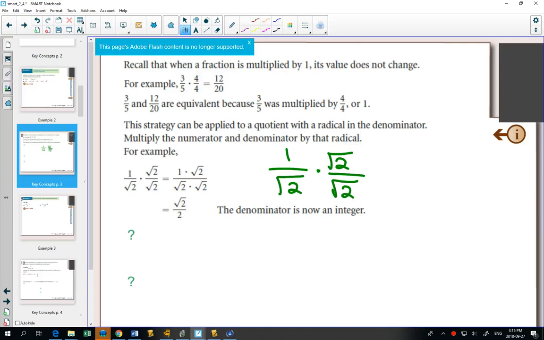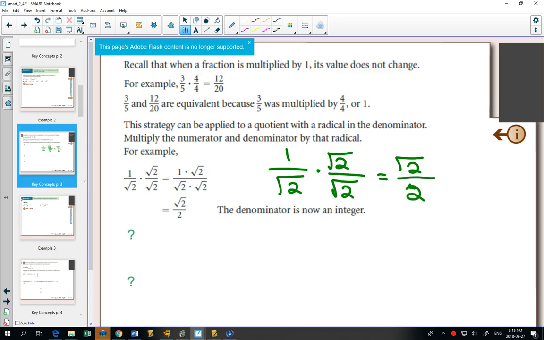And multiplying by 1 doesn't change what it equals, just changes what it looks like. So in this case, root 2 times root 2 is root 4, and square root of 4 is just 2. And on the top, 1 times root 2 would be root 2. And now I have a rational number in the denominator, and so I've rationalized the denominator.